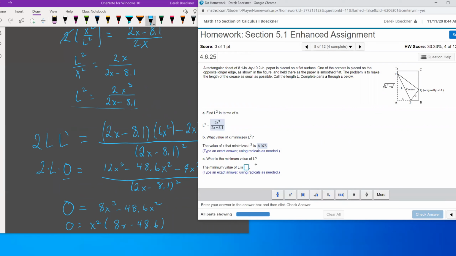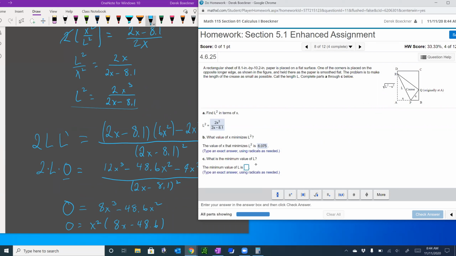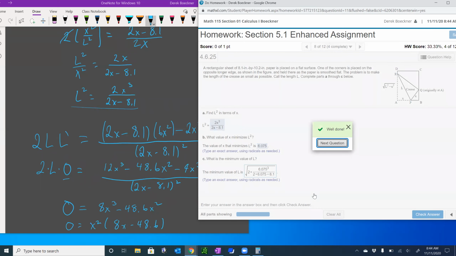So let's type all that in. It doesn't like that. Okay. 2 times 6.075 to the third divided by 2 times 6.075 minus 8.1.